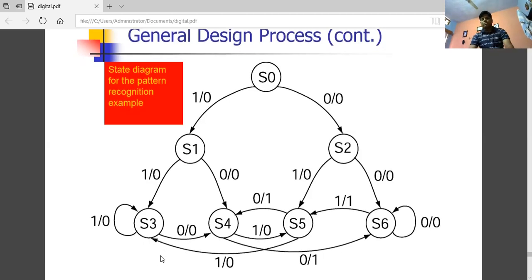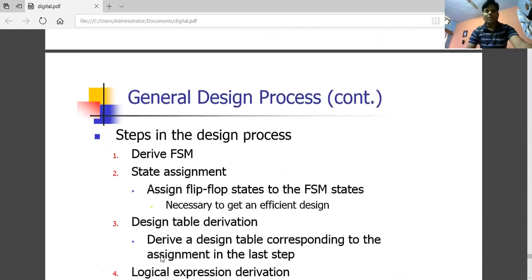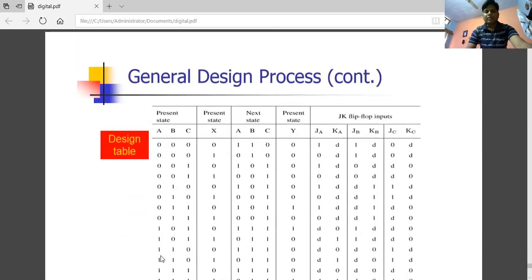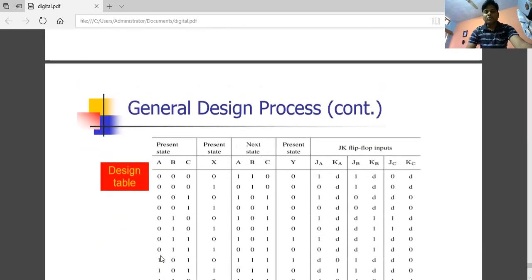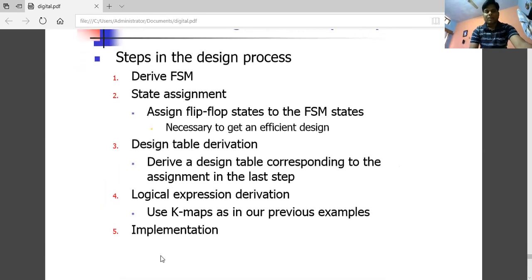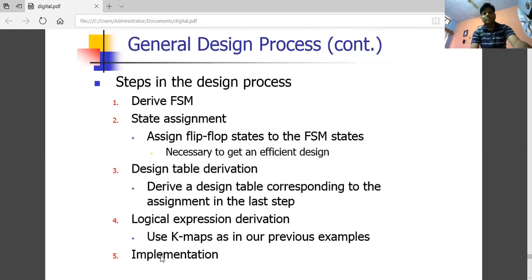In this state diagram, we have to convert it into a general condition like this, so we have to start with this. First of all, what is the design procedure?